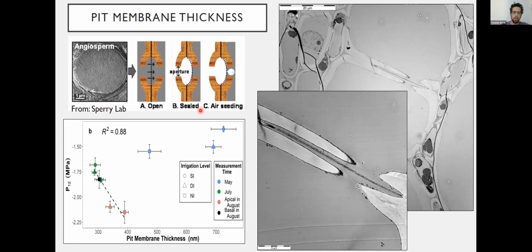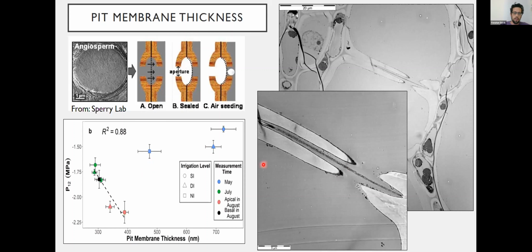But as you can see here in blue, the leaves from May are a bit of an outlier. So what is the difference in those leaves? In those leaves, the electron density of the pit membrane was much less than on the other dates.